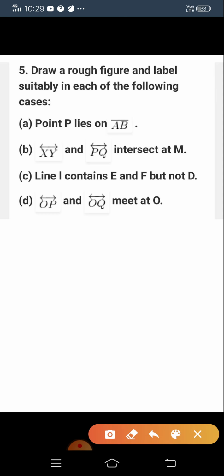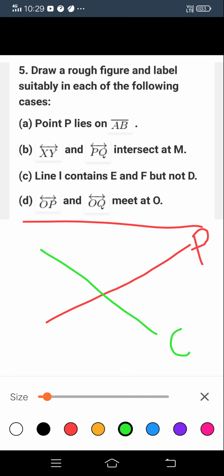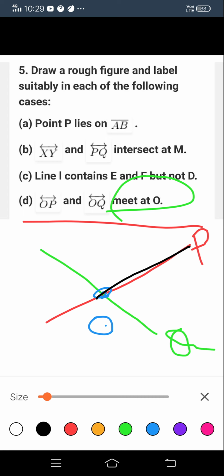Okay. Next one, that is the fourth question. OP and OQ meet at O. OP and OQ lines are there and meet at O. So this is your point P, and next the Q section, this one is Q, and both meet at the point O. Once again, there is an OP line and an OQ line.